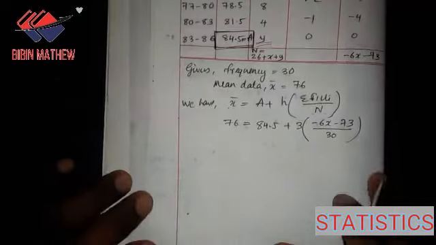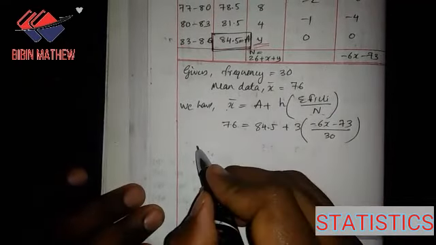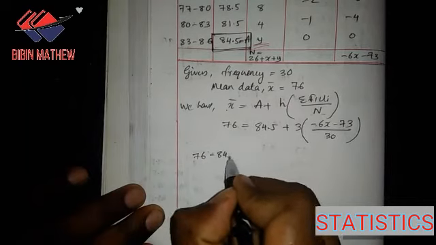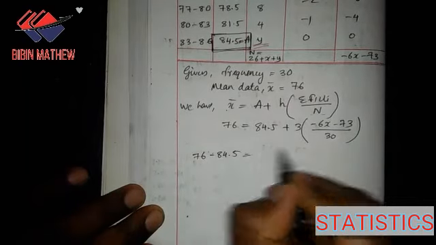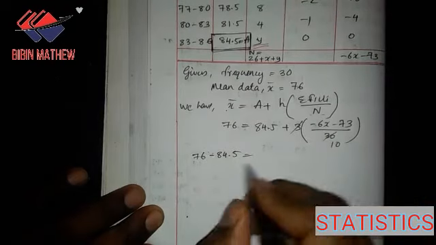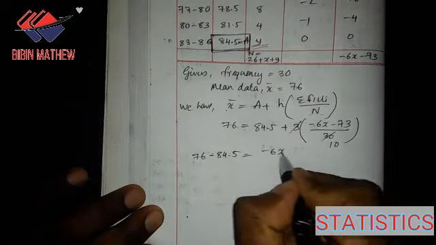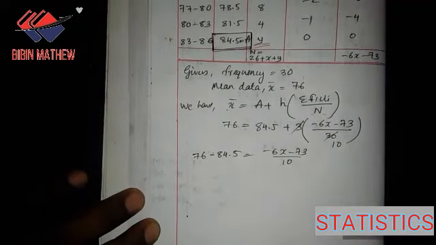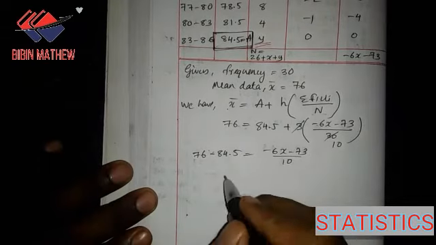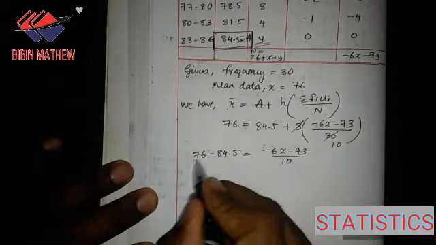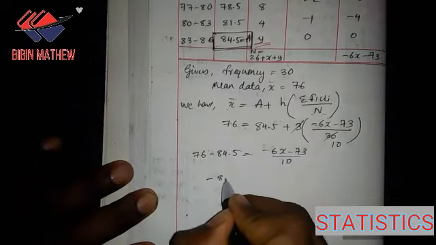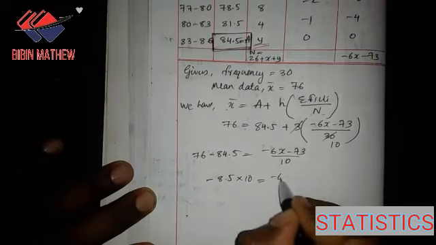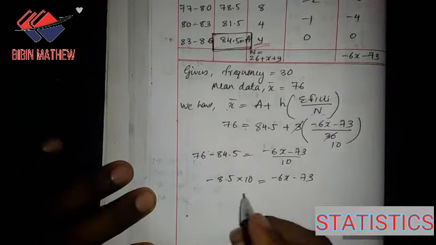Okay, so now let us take this 84.5 to the next side. 76 minus 84.5 is equal to 3, and 30 will cut 10 times, it will come here: minus 6x minus 73 divided by 10. Next step, subtracting these two things, you will get minus 8.5. 10 coming here, into 10 is equal to minus 6x minus 73.